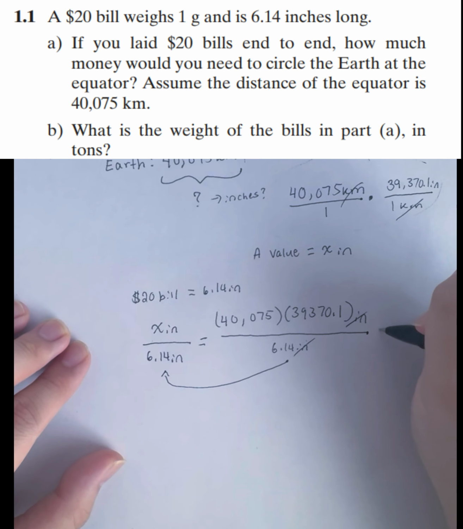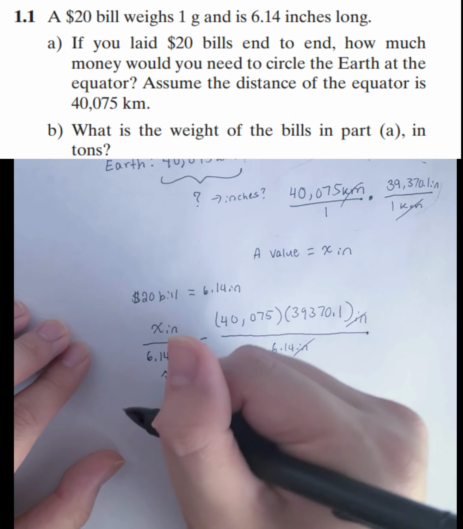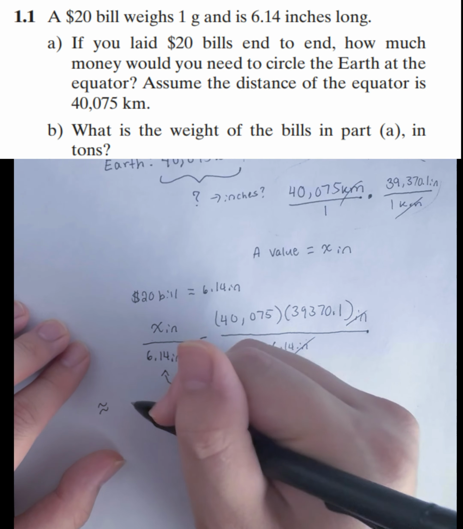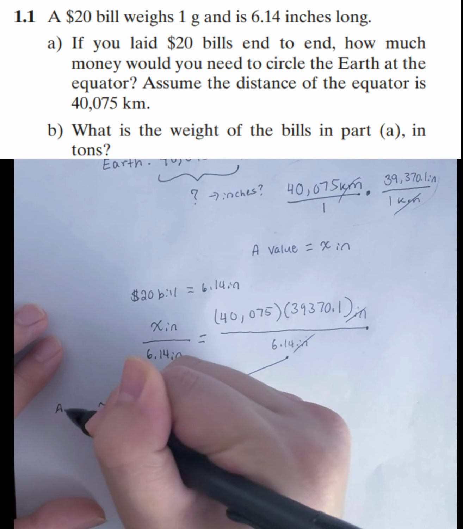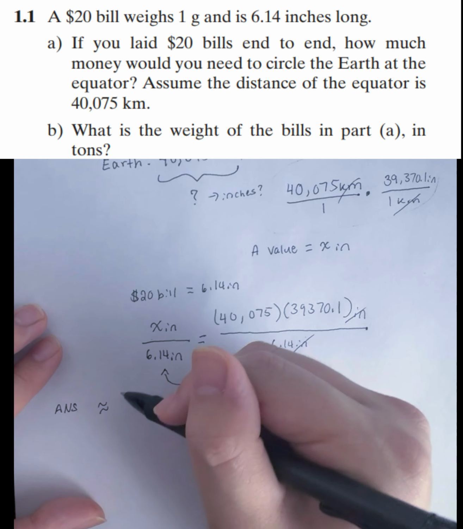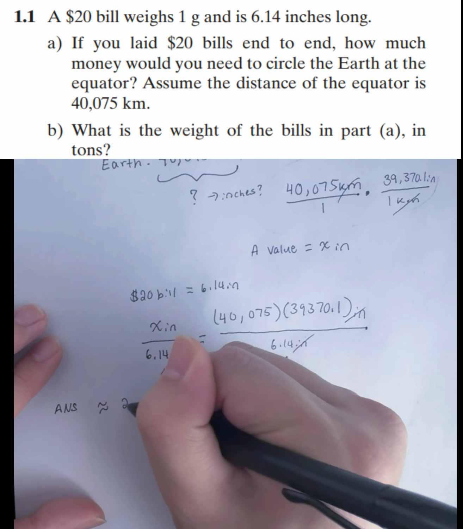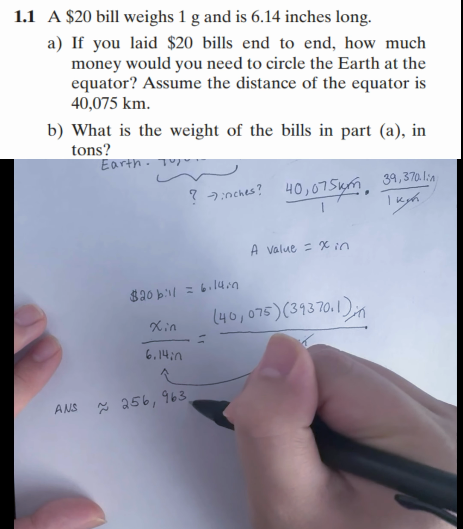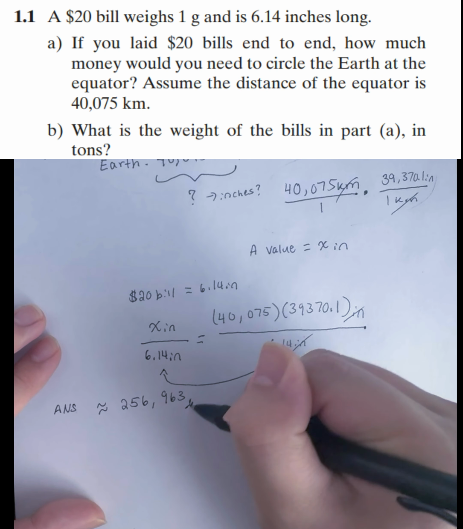Okay, so that will give us a long number, so I'm going to write it down here. The number of dollar bills is going to be 256,963,641.28. Sorry, that's supposed to be a comma.